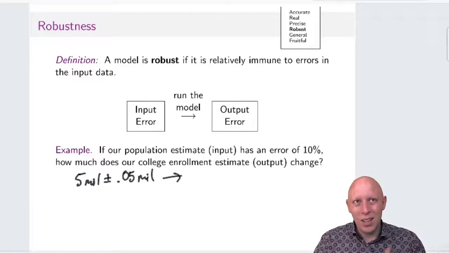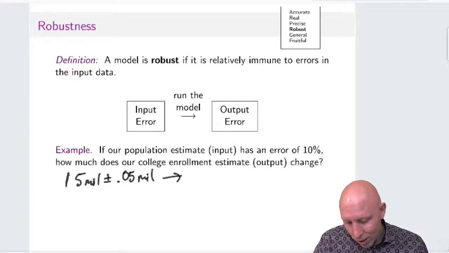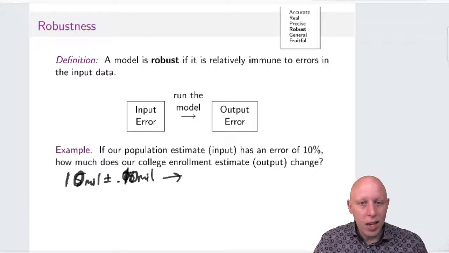That was our simulated value. It wasn't our actual population. Remember, our original population was 10 million. So let's say we had 10 million plus or minus 100,000.